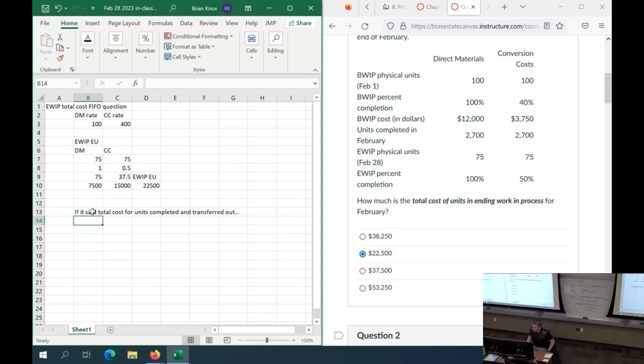We have enough information to do that. So we have units completed. We're still going to keep the columns of DM and CC here, different classes of cost that we have. We have 2,700 units completed, right here.